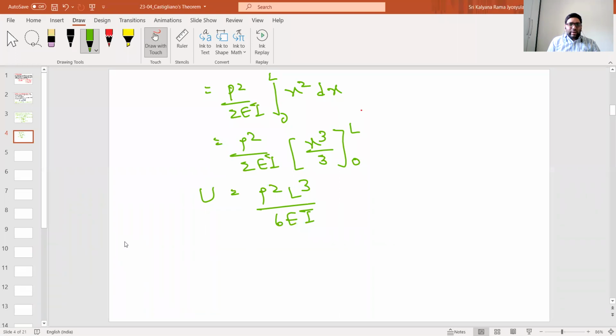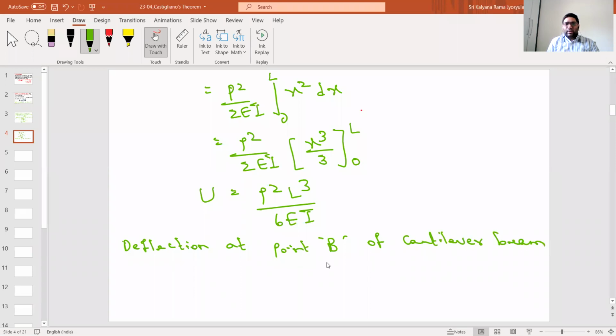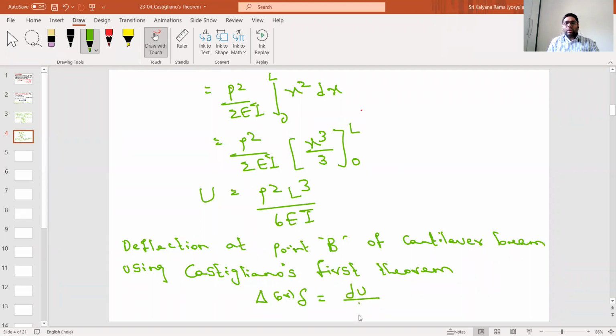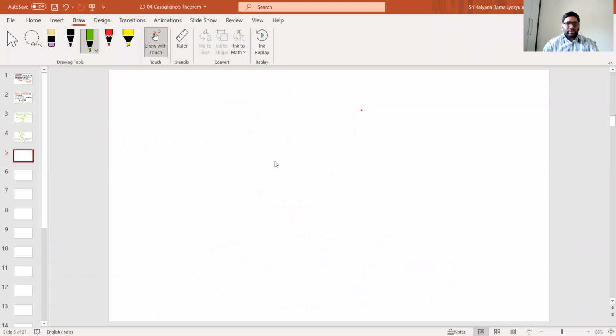From this, the deflection at point B of the cantilever beam using Castigliano's first theorem is delta equal to dou U by dou P. That means partial differentiation of strain energy with respect to the applied load. How do we get it now?